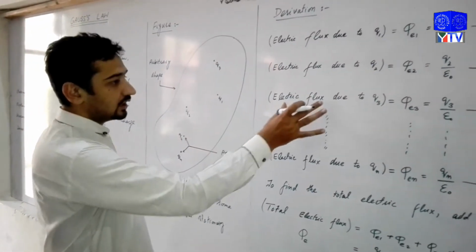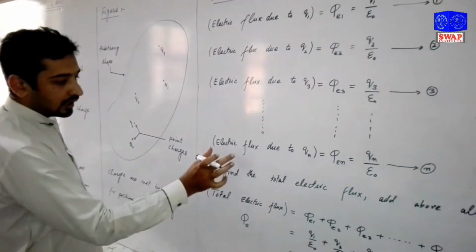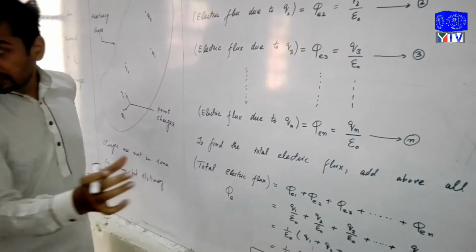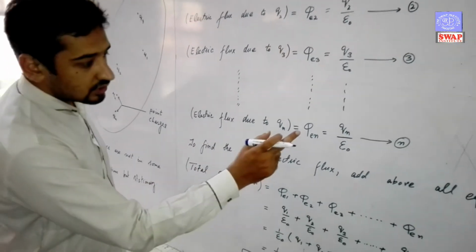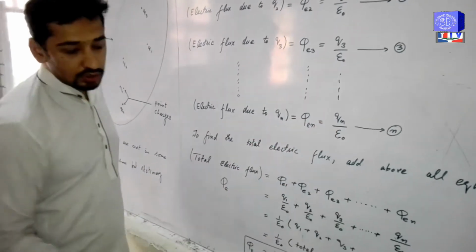Similarly, different charges have different electric fluxes, and finally the electric flux due to the nth charge is phi En, equal to Qn over epsilon naught.